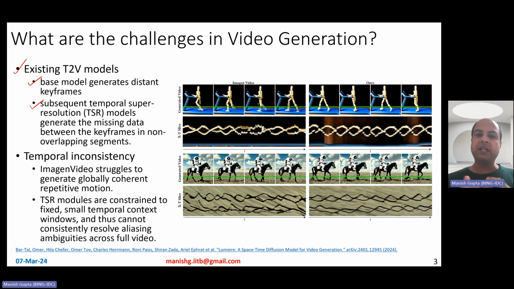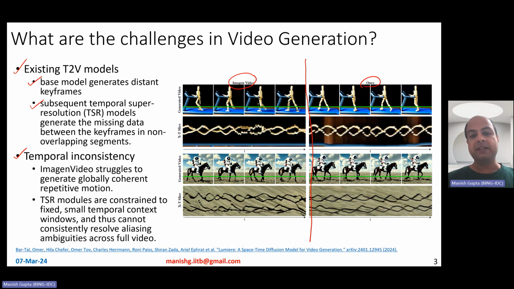Now, while doing this kind of two-step generation, they introduce temporal inconsistency. As you see in this video, the left part shows videos generated by Imagen. The right part shows videos generated using Lumiere.